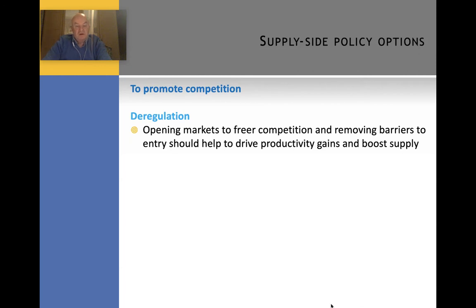So if you're opening markets up to freer competition, that's going to remove barriers to entry and should actually help to drive productivity gains and boost supply. So deregulating what used to be a market that was maybe in the public sector, and then bringing it into the private sector, or encouraging competition into those markets, clearly is going to hopefully improve the supply side of the economy.